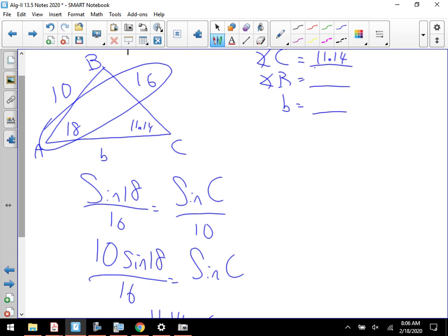So far, so good? Okay. Now, what do you do to find B? Yeah, add together and subtract. So 11.14 plus 18, 180 minus that, I get 150.86. So I do the same thing.